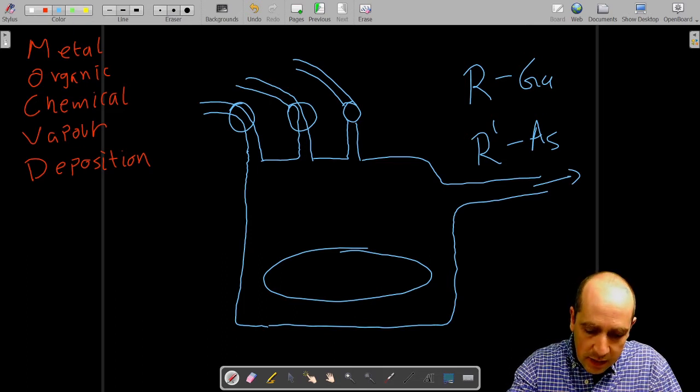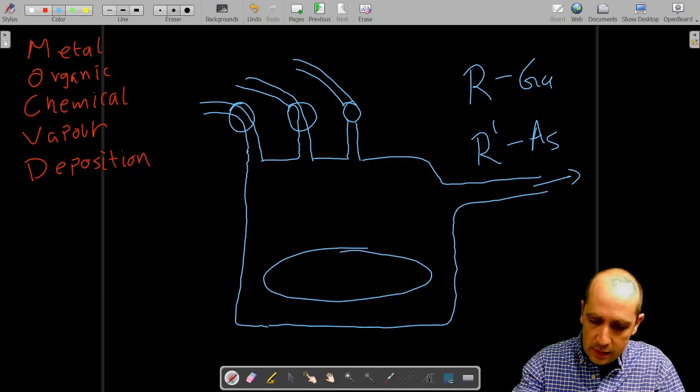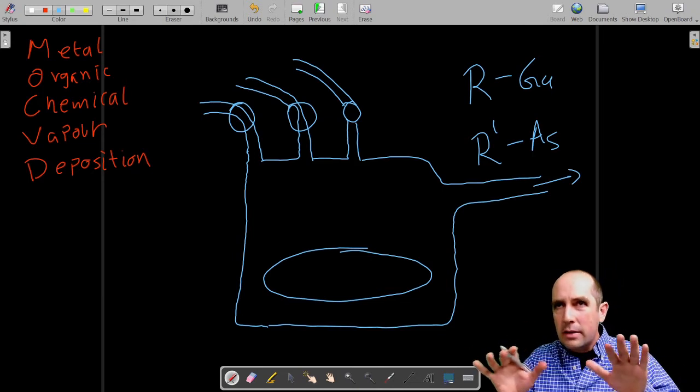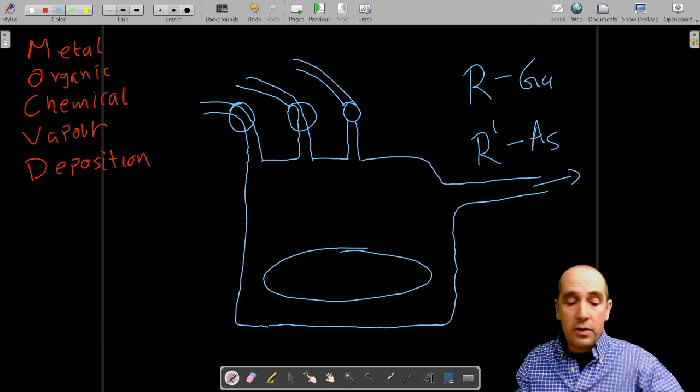And what you typically have is, let's say you want to grow gallium arsenide, so you want to put more or less the same amount of gallium and arsenic.